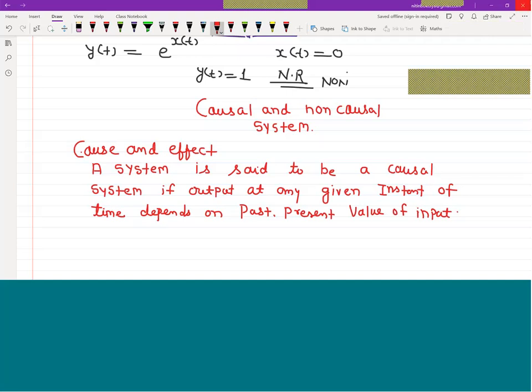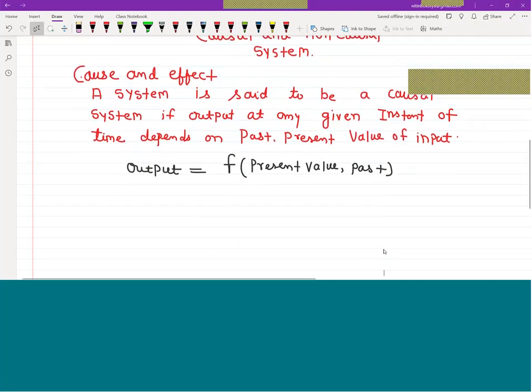So what is the definition of causal system? You can say the output is a function of present value or past value. This is we are talking in terms of time. So this type of systems are known as causal system, otherwise non-causal system.